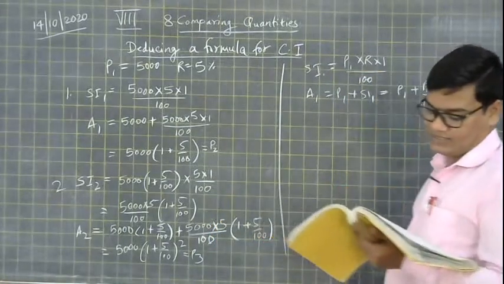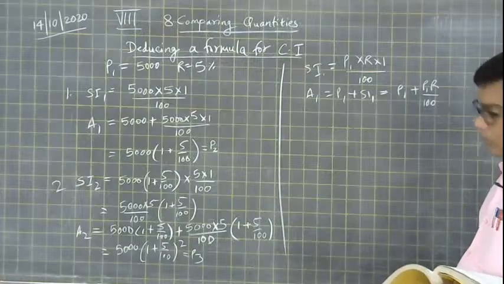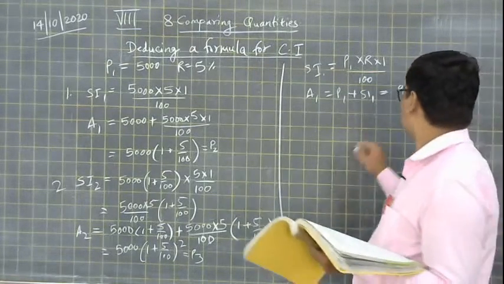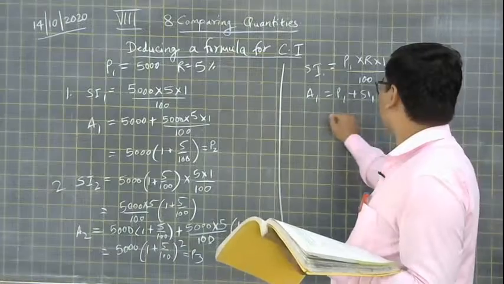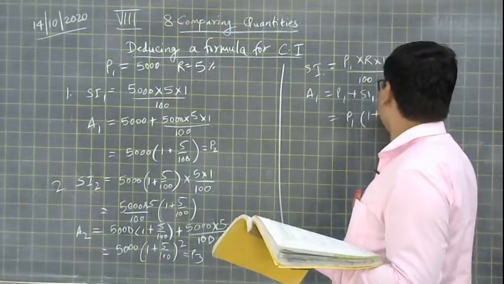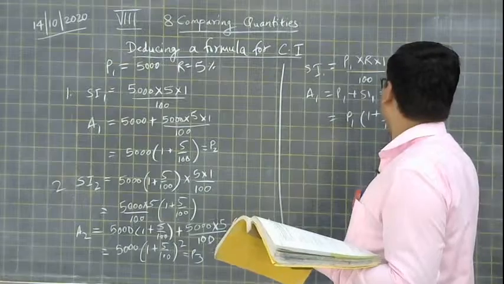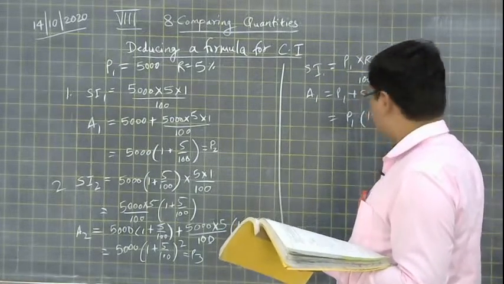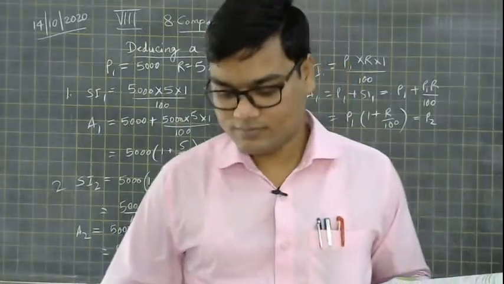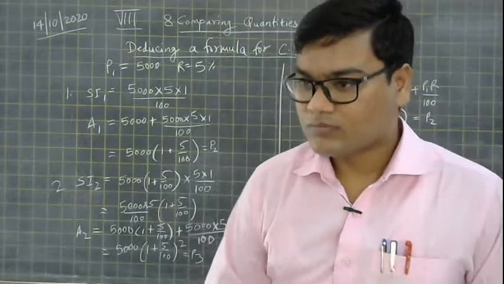We can take the P1 common: P1 into 1 plus R upon 100. This acts as the P2.